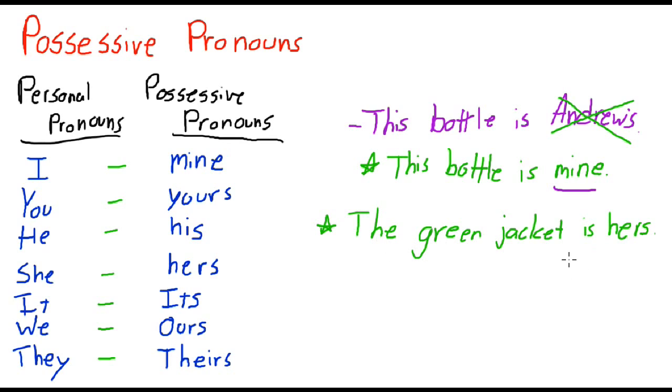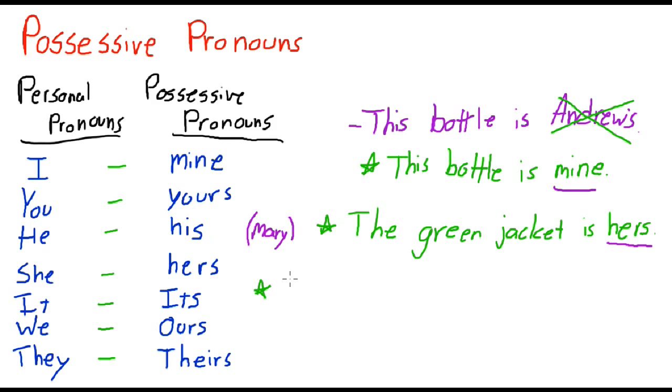So the green jacket is hers. The possessive word in this case is hers. And maybe we could be referring to Mary, or maybe a different friend. But the idea is the green jacket is hers. We're replacing somebody's name or some subject with hers.